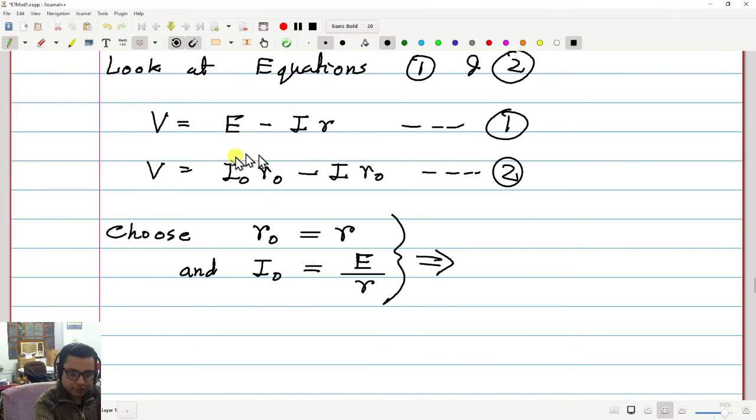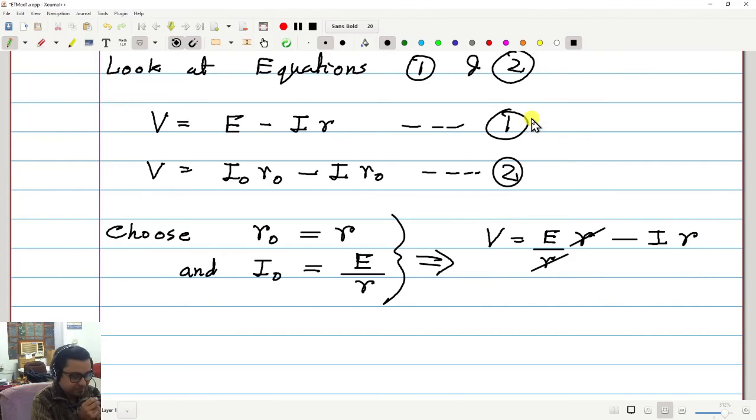You put these values in equation 2, and you will get V equal to I naught multiplied by R naught, but R naught is equal to R, then minus I multiplied by R, and I naught is equal to E by R. Then you see that this R cancels, and this is nothing but equation 1.